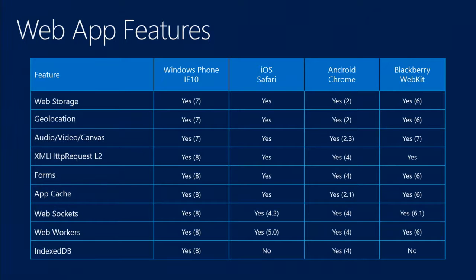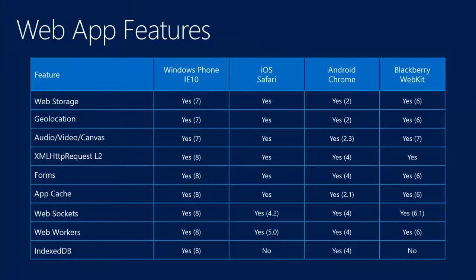So I'm going to talk about, this kind of gives you this little grid here, this chart table shows you across the major 4 browsers on the top smartphones out there the kind of capabilities: web storage, geolocation, audio, video, canvas, HTTP web requests for calling your AJAX stuff, new form elements. You'd be amazed. Web forms now have sliders and all kinds of cool things that used to be what we would think of as custom controls, right?